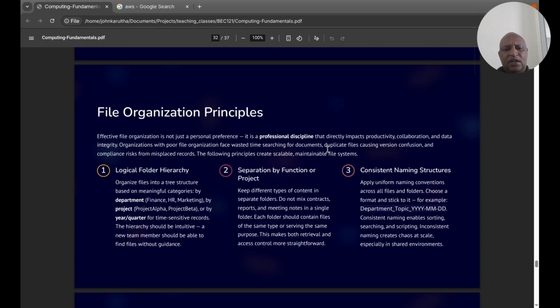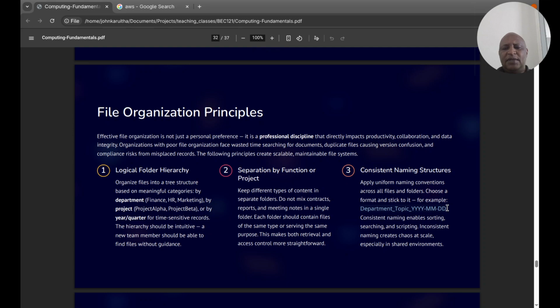Inside that you could have semester 1 and semester 2 and so on. Separate them by function or project and have a consistent naming structure. So don't call it number 1, number 2. Nobody will know that.